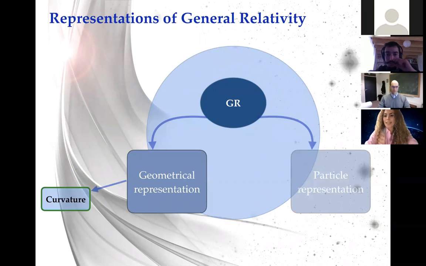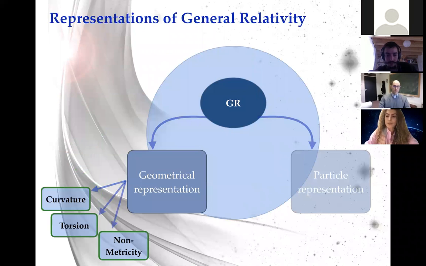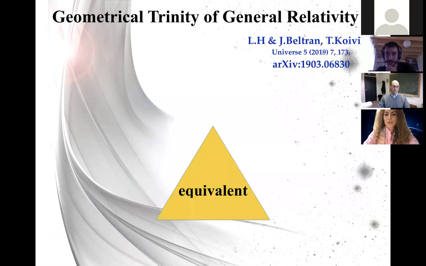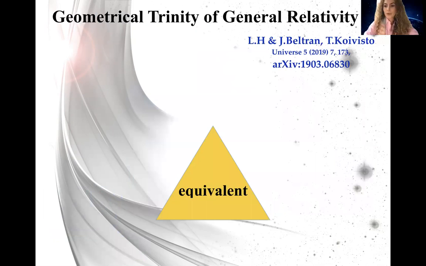And there, the fundamental geometrical objects are the curvature, the torsion, and the non-metricity. So these three geometrical objects will allow me to introduce the geometrical trinity of general relativity, where you can find more information in this paper if you are interested.